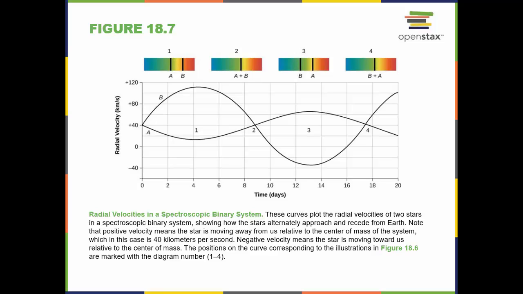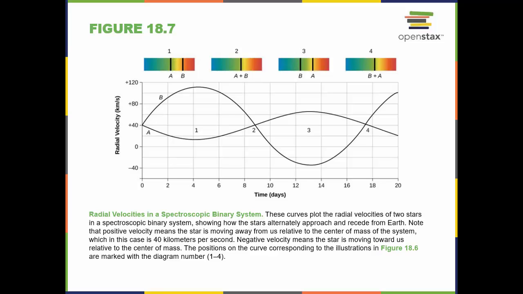So if we look at the radial velocities in a spectroscopic binary system, these curves plot the radial velocities of the two stars in the spectroscopic binary system. And these show how the stars alternatingly approach and recede from the Earth. Note that the positive velocities mean that the star is moving away from us relative to the center of mass of the system, which in this case is 40 kilometers per second.